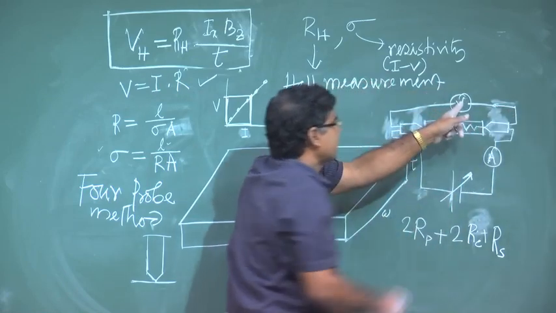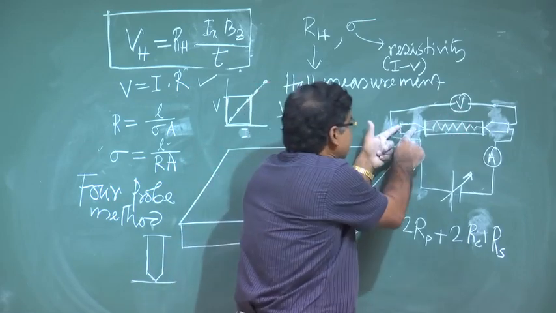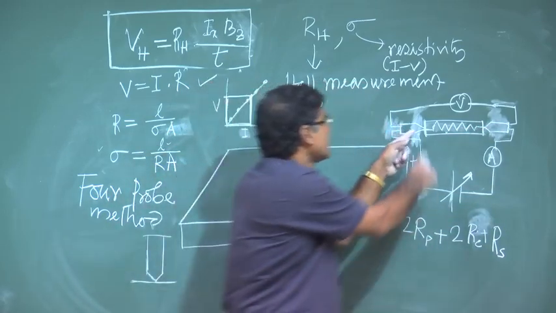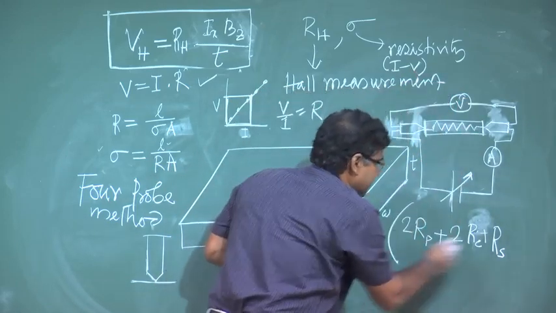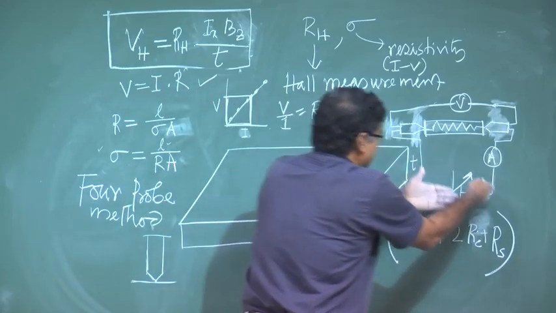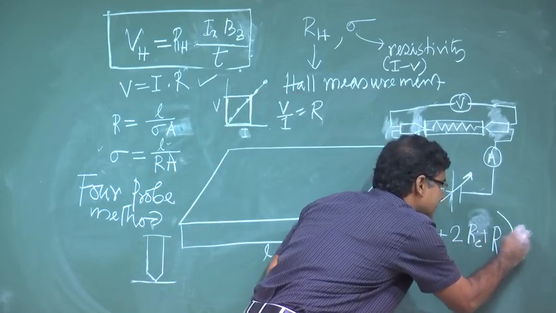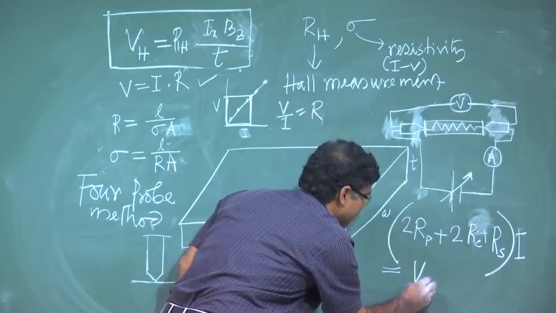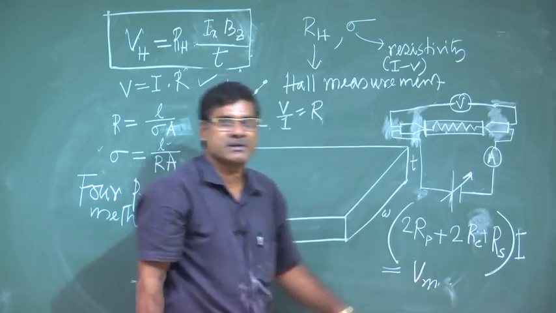So, this voltmeter will give the voltage drop for this resistance and this resistance, and also this contact resistance, right. Whatever this voltmeter is giving me as reading, the current is constant, of course it is flowing, so this into I will be the voltage I am measuring, the measurement voltage Vm.